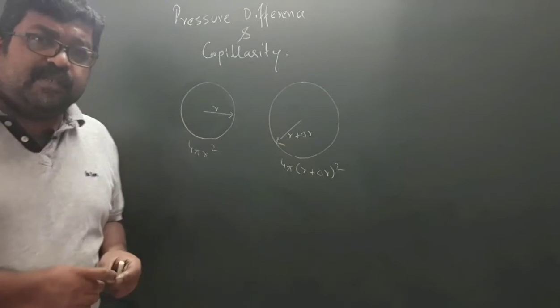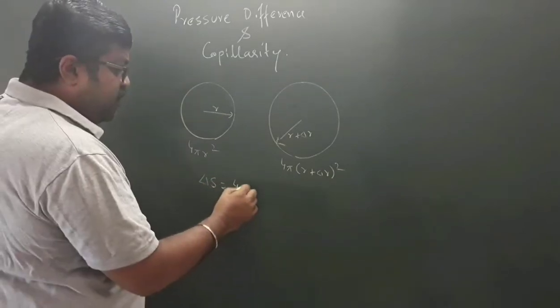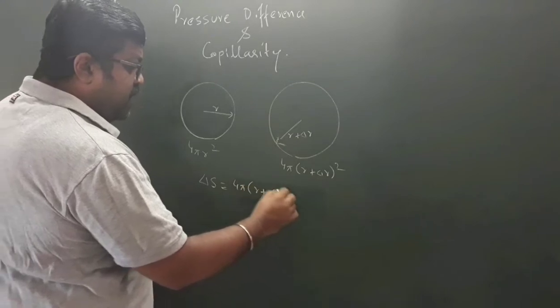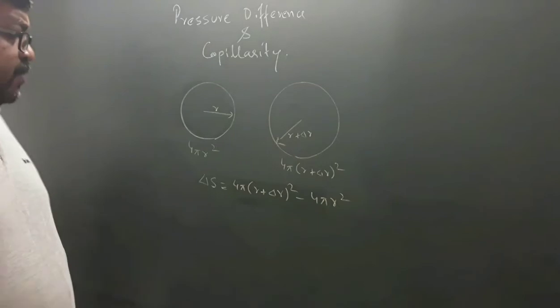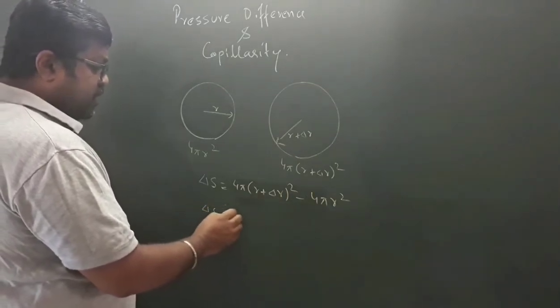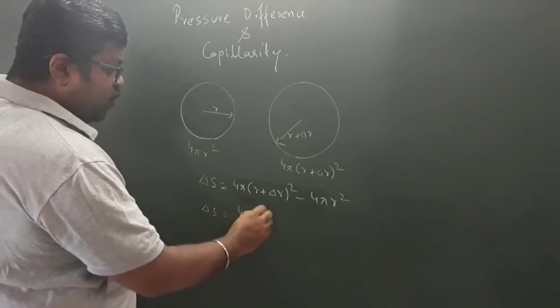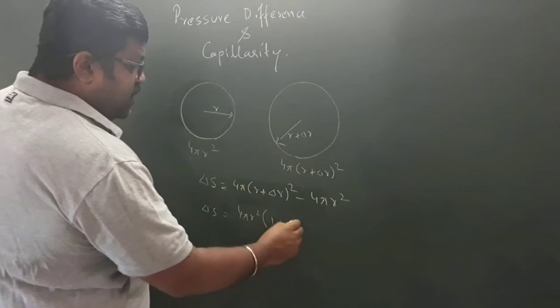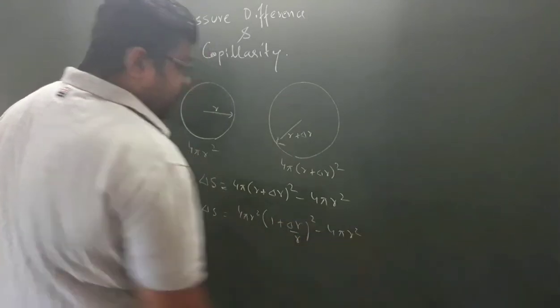So what is the increase in surface area? Increase in surface area delta s is equal to 4 pi (r plus delta r) square minus 4 pi r square. Now if I apply the binomial theorem, taking 4 pi r square common, delta s is equal to 4 pi r square (1 plus delta r by r) square minus 4 pi r square.